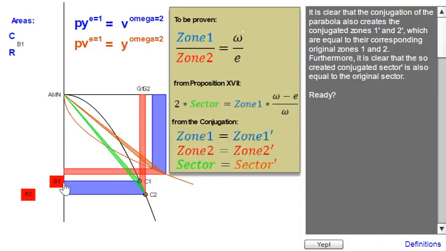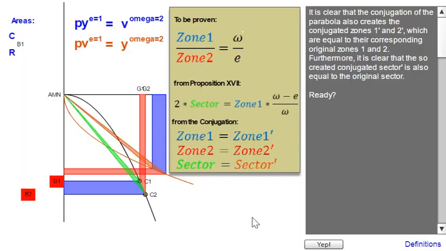also on the conjugated parabola, such that for zone 1, you have a conjugated zone 1 dash on the conjugated parabola. For zone 2, there exists a zone 2 dash, the conjugated version of it, and also the sector has a conjugated version.